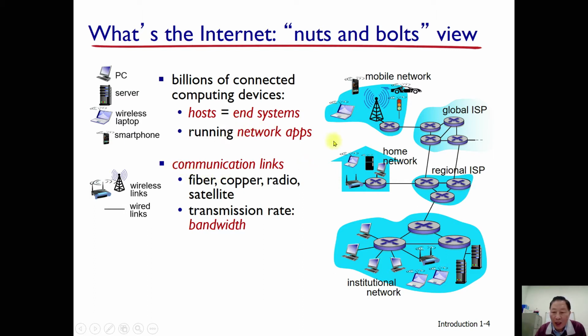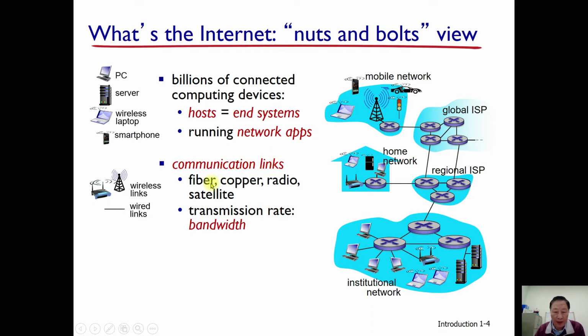If we look into the network a little more, then you can see the communication links: wireless links and wired links. Those are all communication links.